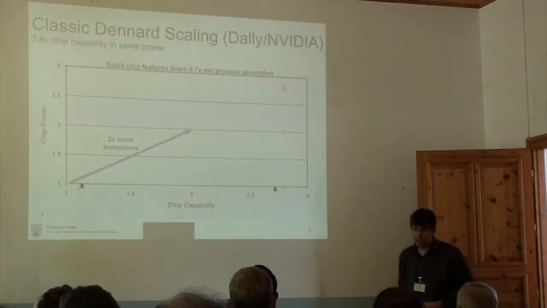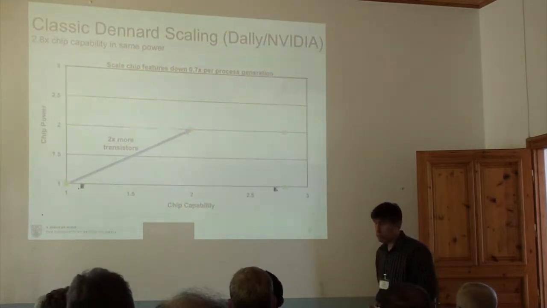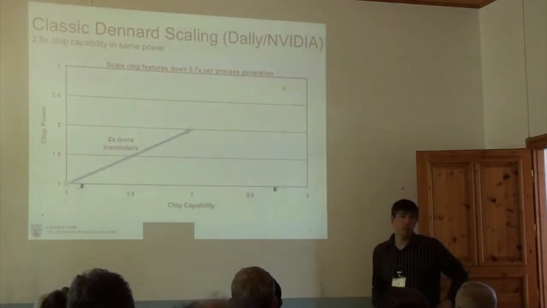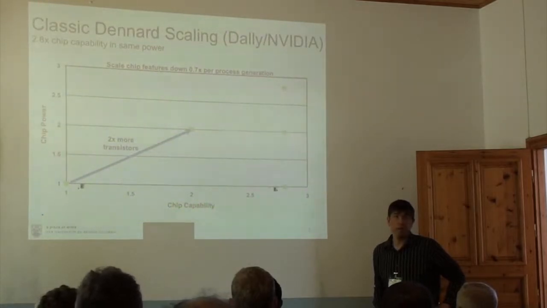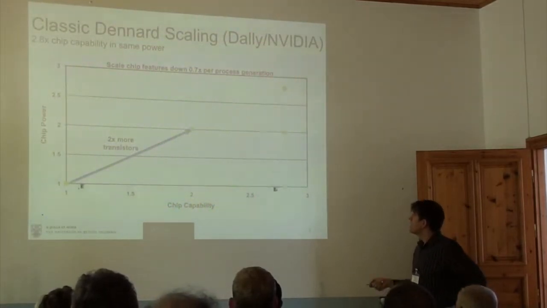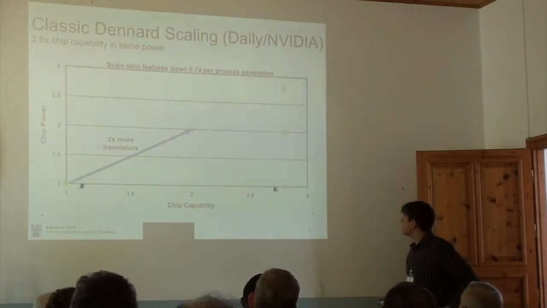I'll just borrow a few slides here from some other people. The prior one was from Christos Kozyrakis, this one's from Bill Dally. This is looking at what is the problem that we are encountering here with power. This is basically looking at classic Dennard scaling. On the y-axis you've got chip power, and on the x-axis you've got chip capability.